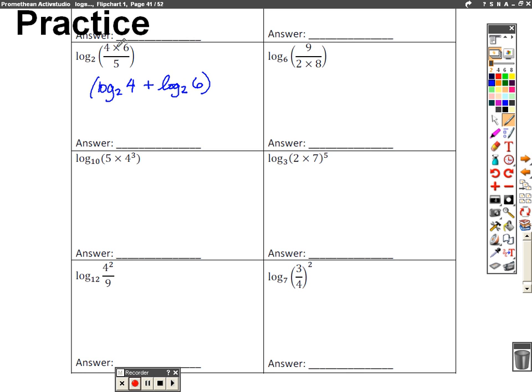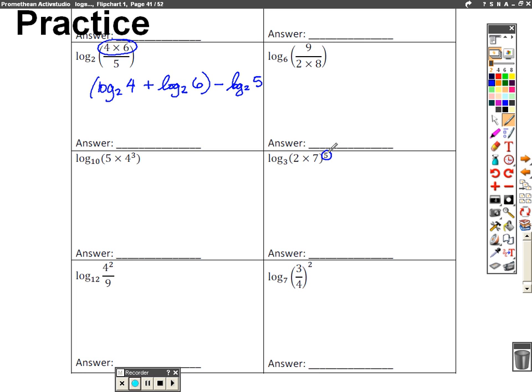So I have that whole thing in the numerator divided by 5, so I'm going to subtract log base 2 of 5. Notice I have this in parentheses because I need to take this whole thing on top and divide it by 5. Okay? All right. So try a couple of those. Make sure you're okay with that. We will be practicing in class definitely.